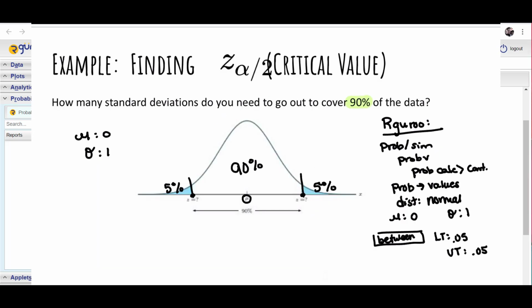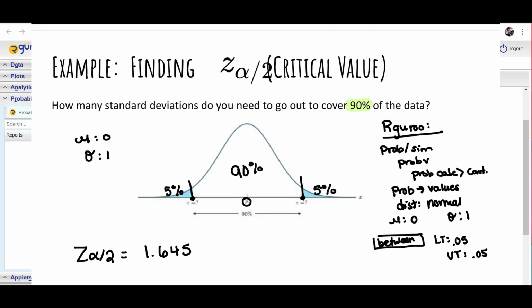So let's write this down. What we just found was our critical value. So our Z alpha over 2 is equal to 1.645. This was 1.645 there, and this is negative 1.645.